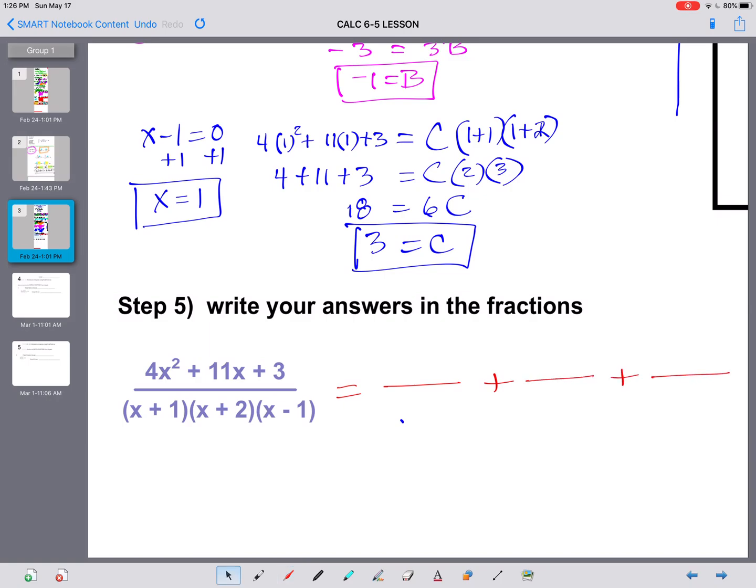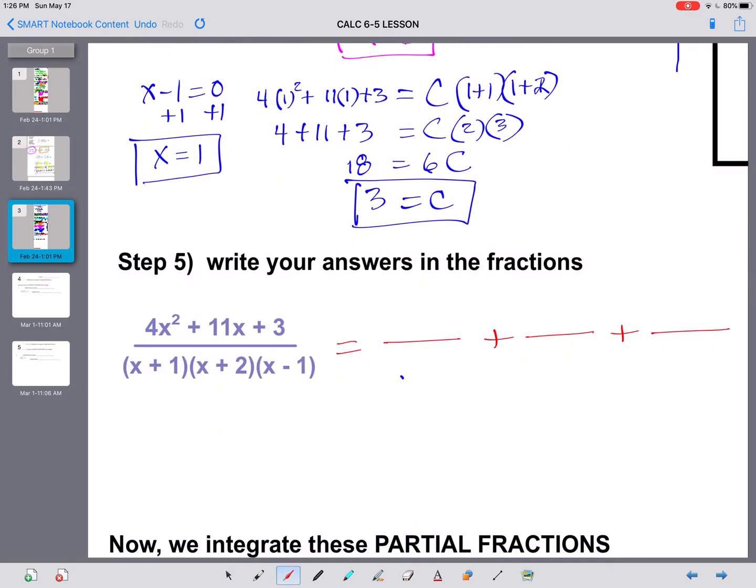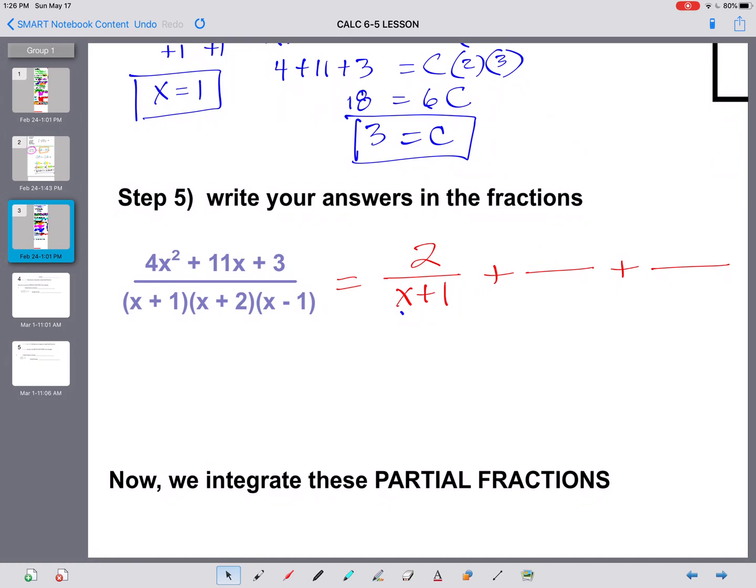First of all, our A value was 2. So that's going to be 2 over x plus 1. Our B value was -1. That's going to be -1 over x plus 2. And our C value is 3. And that's over x minus 1.